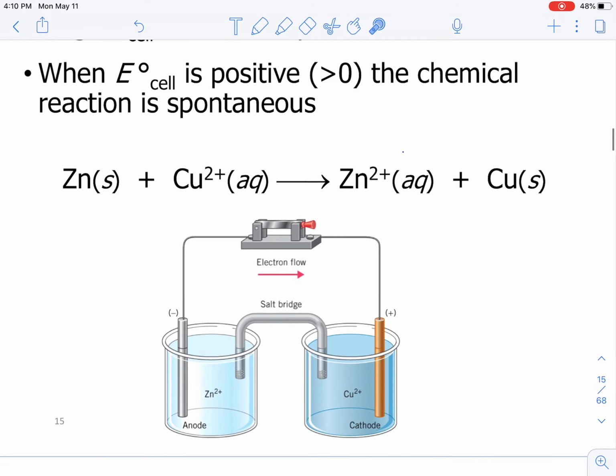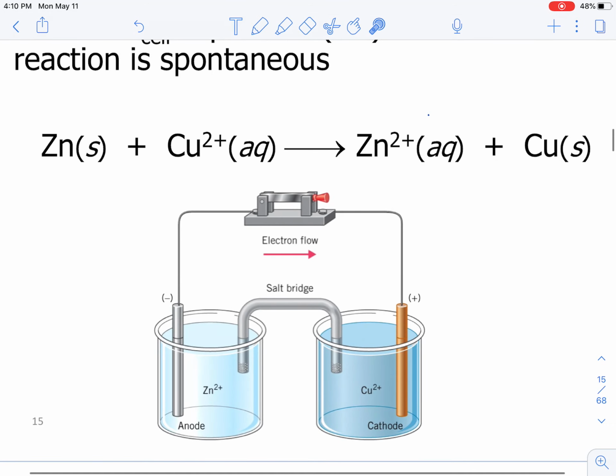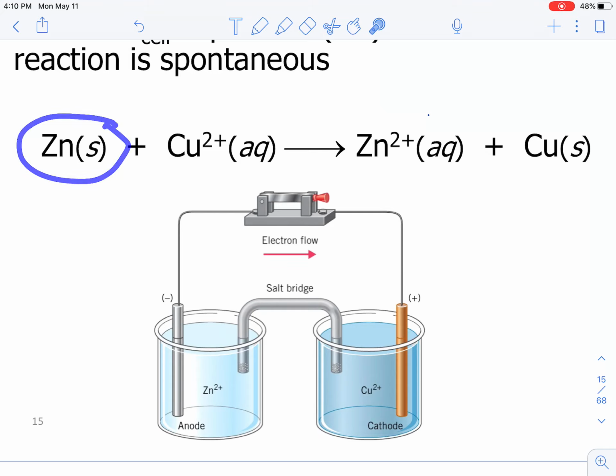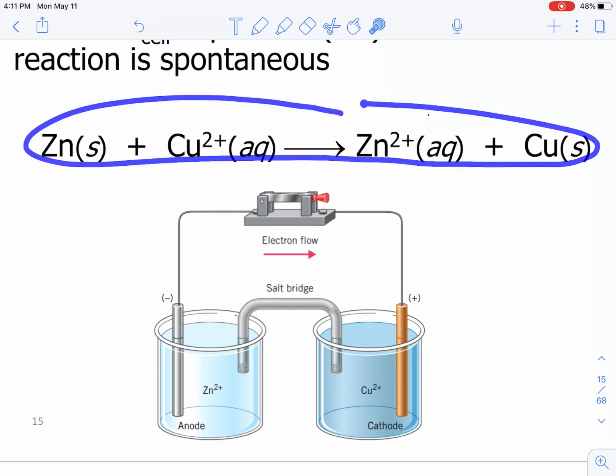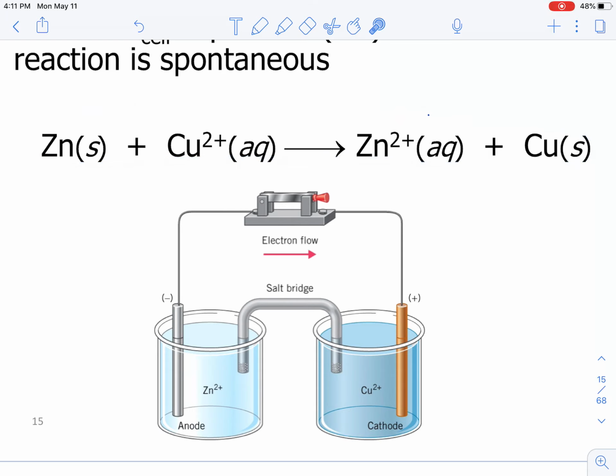Looking at this example here, we have zinc solid reacting with copper 2 ion to produce zinc 2 ion and copper solid. If we wanted to determine if the forward reaction is spontaneous, then we would need to calculate the standard cell potential.